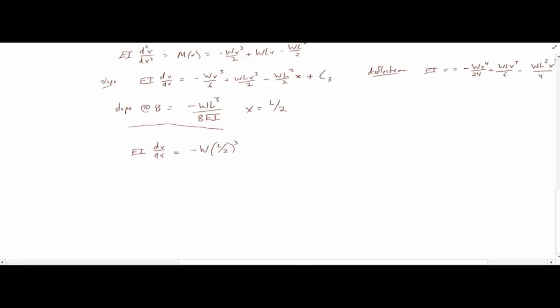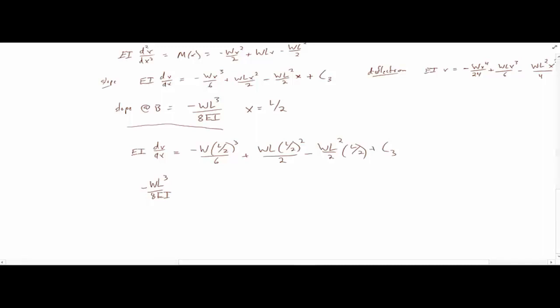L over 2 quantity cubed over 6 plus WL, L over 2 quantity squared over 2 minus WL squared over 2 multiplied to L over 2 plus C sub 3. And remember, all of this equals our negative WL cubed over 8 EI, right?